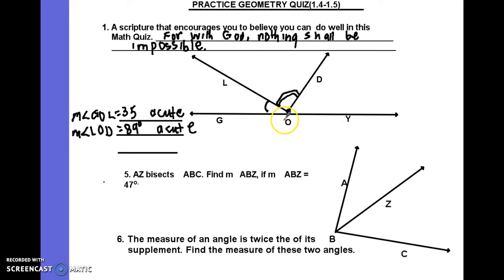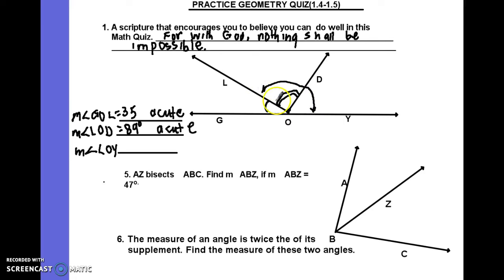And then finally, if you want to measure, let's say this angle here, let's call it LOY. You do the same thing. Make, let's say, ray OL your zero reference ray, and you measure all the way around to this big angle here.